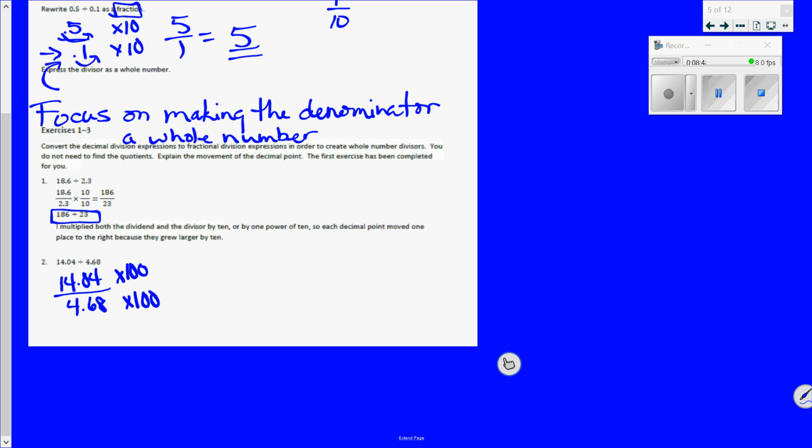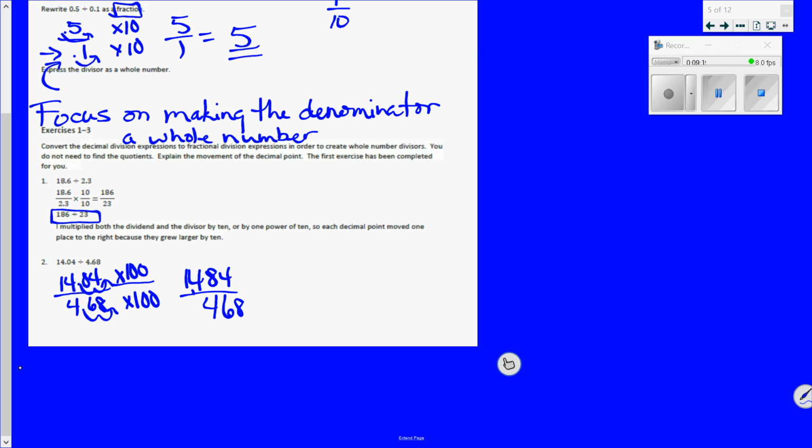Whatever I do to my denominator, I must do to my numerator. So hundredths just means I'm moving my decimal 2 times in both cases. So now I can rewrite this one as 1,404 divided by 468. We don't actually have to do the math on that one. We're just writing them for right now. Everybody good?